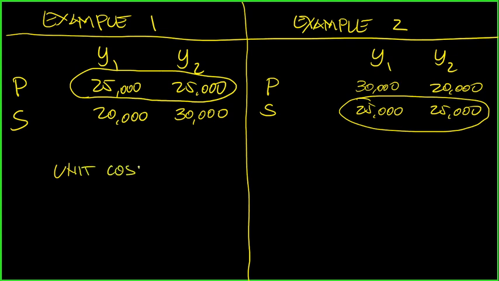Compute the unit cost under variable costing and absorption costing for year 1 and year 2. And then you compute the net income under absorption costing and variable costing for year 1 and year 2. Okay, pause it first.